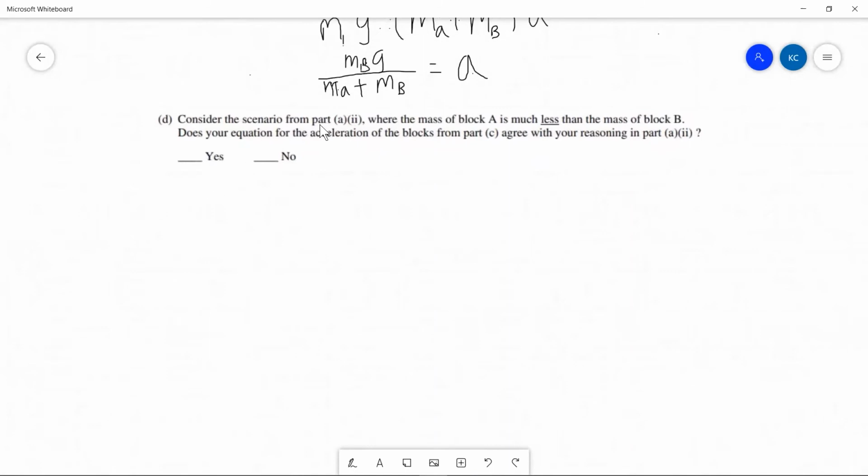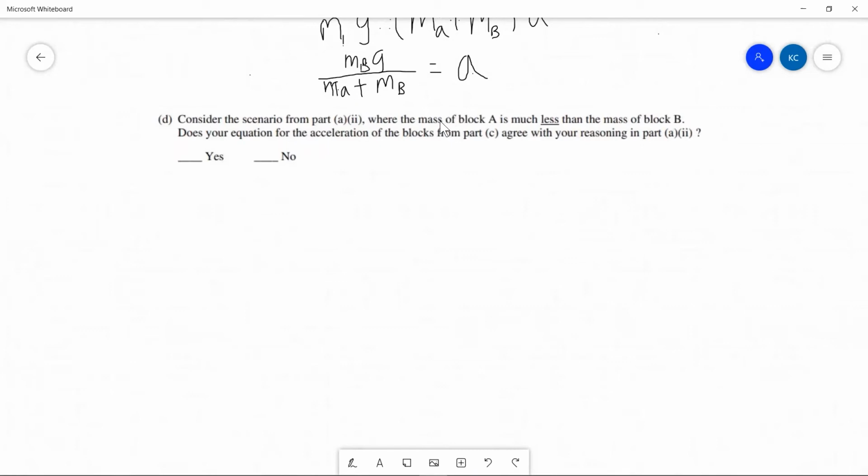Consider the scenario from the second part of A, where the mass of block A is much less than the mass of block B. Does your equation for the acceleration of the blocks from part C agree with your reasoning in the second part of A? Yes or no? Here's our equation from earlier.